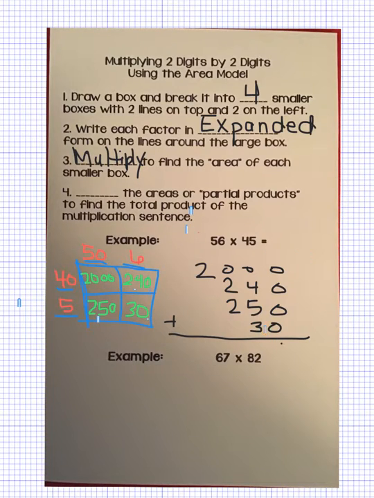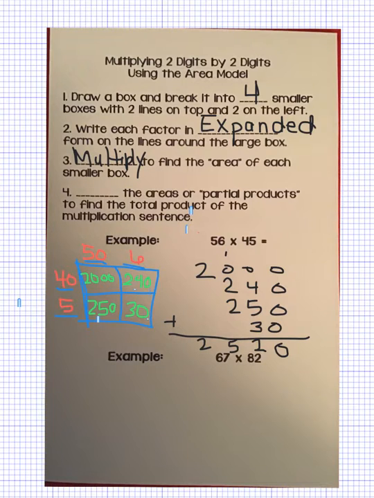0 plus 0 plus 0 is 0. 4 plus 5 is 9. We don't have to do 0 plus 4. 5 plus 4 is 9. 9 plus 3 is 12. I'm going to put the 2 down and regroup the 1. 1 plus 0 is 1. 1 plus 2 is 3. Plus 2 is 5. 2 plus nothing is 2.